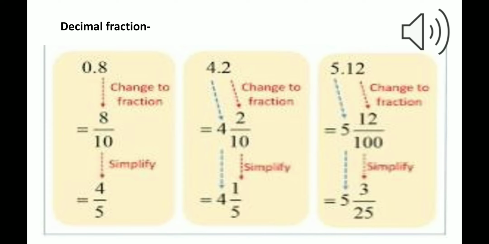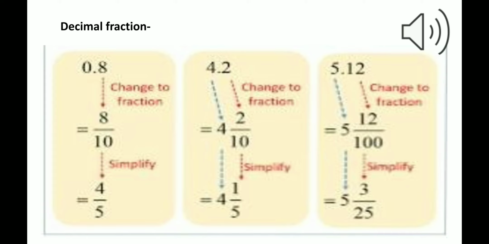So 4 whole numbers, 4 complete numbers, and 2 is the number after the decimal and there is only one place. So 2 by 10. Similarly, 5.12. So 5 is the complete number, written as a mixed fraction. So 5 complete numbers and 1, 2. There are 2 decimal places after the decimal. So there will be 2 zeros. So 12 by 100. And when we simplify, it changes to this form. Okay.